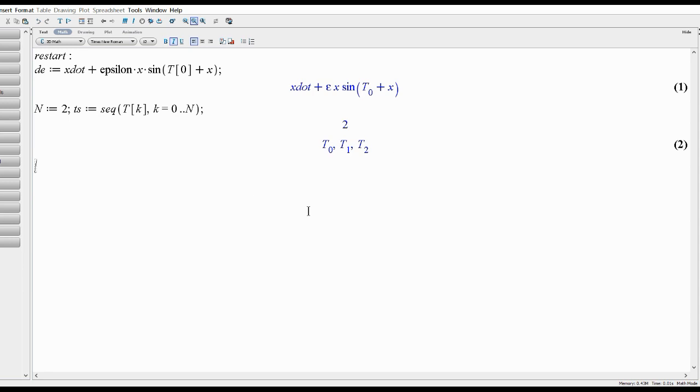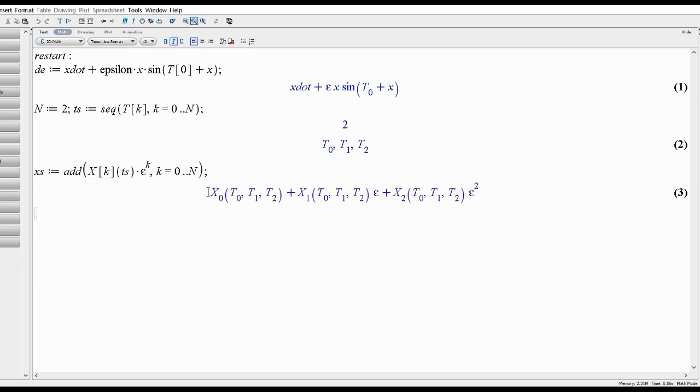Then, let me first say xs is equal to the sum of capital Xk of ts times epsilon to the power k, k equals 0 to n. Okay, so this is my x0 that will go in there.